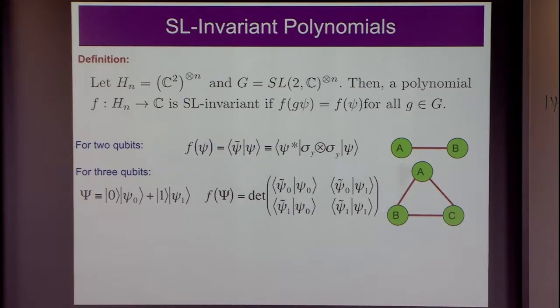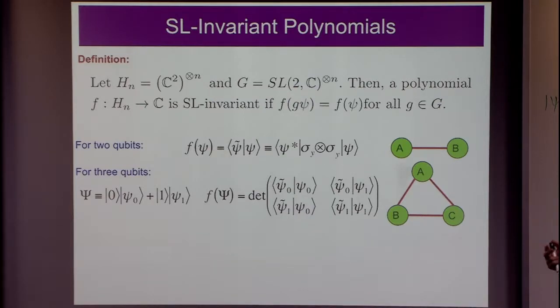An example of an SL invariant polynomial is J tensor J applied to psi, in the basis where J looks like that. I take the bar meaning the dual, but then I do bar on this, so I'm taking the complex conjugation away. It has to, because it's a bilinear form. That's an example, and it's unique.